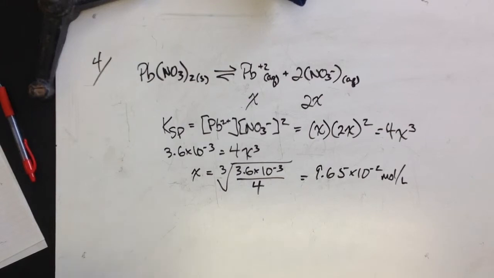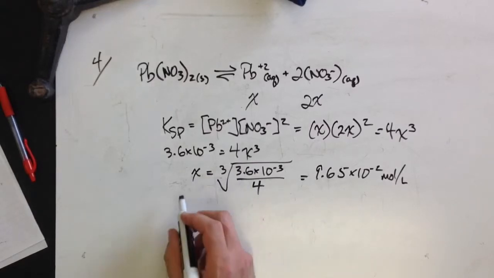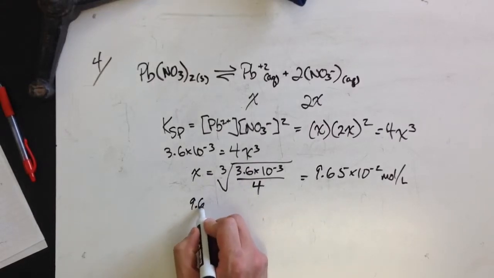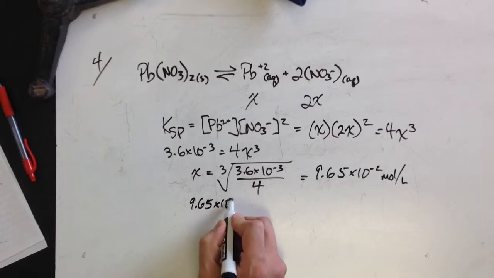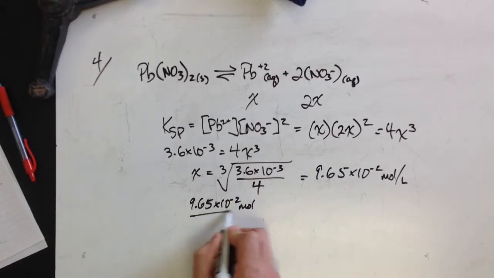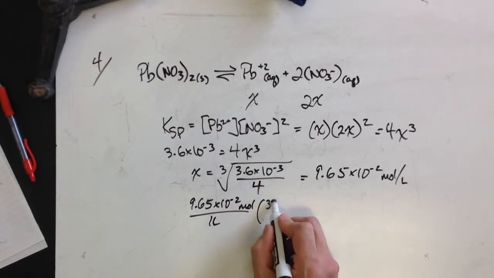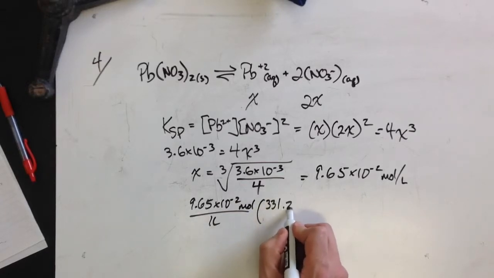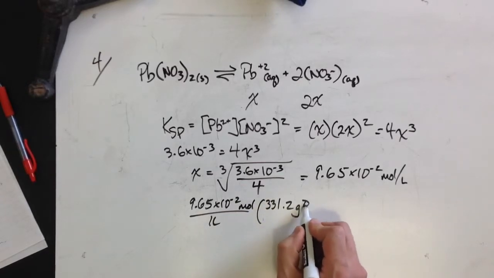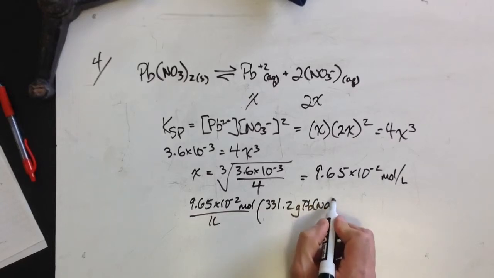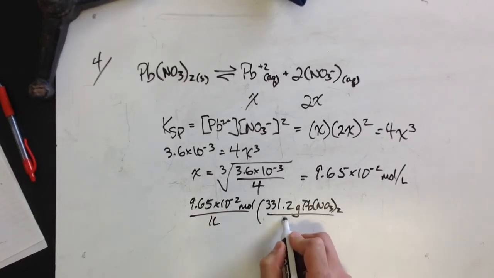So how do we convert that to grams per liter? Well, very simple. All we have to do is convert moles to grams. So 9.65 times 10 to the negative 2 moles in 1 liter. And if we multiply by the molar mass, 331.2 grams of lead nitrate per mole.